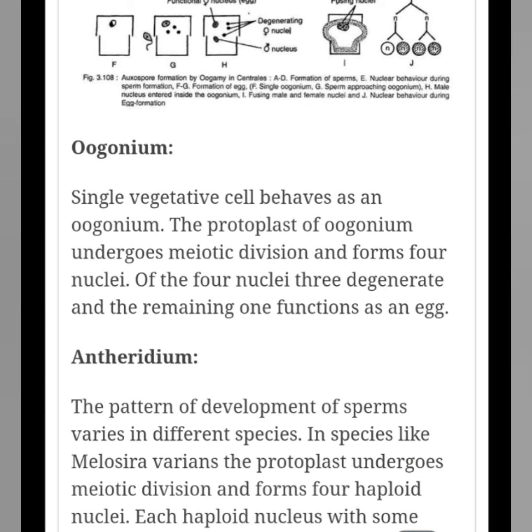So in some species like Melosira here, the protoplast undergoes meiotic division, and they will form four haploid nuclei, and each haploid nucleus with some protoplast will develop into a uniflagellate sperm. Uniflagellate meaning having only a single flagellum.